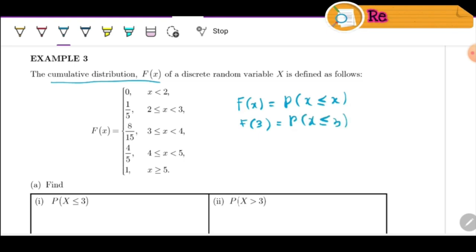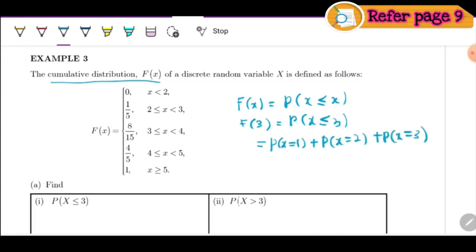It means the sum of the probabilities up until x equals 3. Okay, so P of x equals 1, plus P of x equals 2, plus P of x equals 3. So you must remember that F of 3 is not equal to the probability of x equals 3.